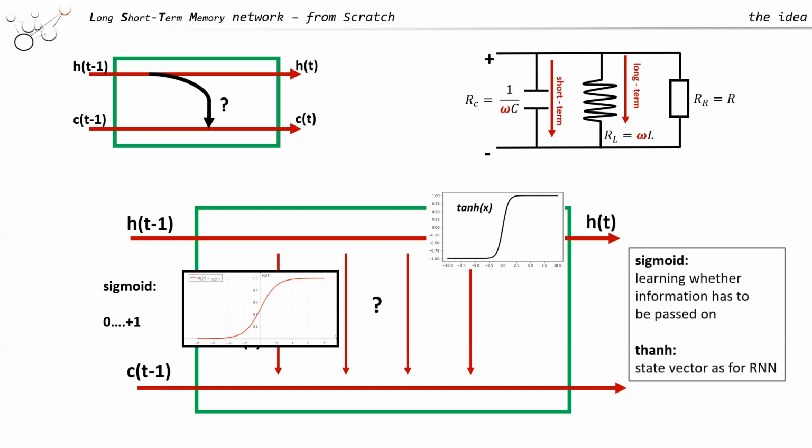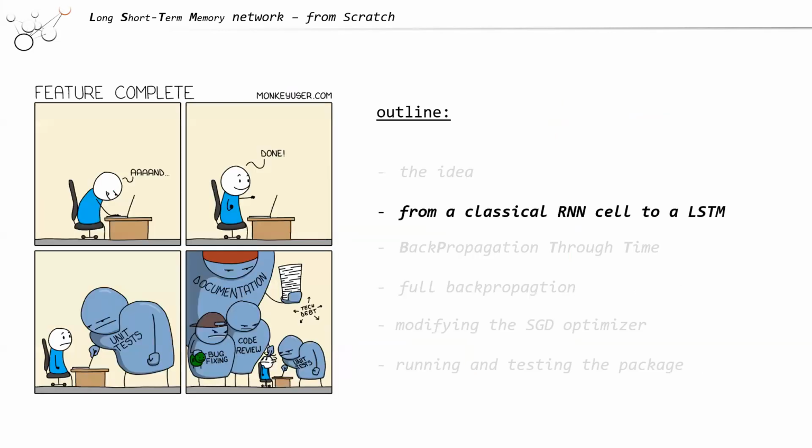And of course, we have to add learnables, so that the network learns which information has to be passed on, which is important and which is not. I will explain the details in the next chapter, where we will see how to turn our RNN cell into an LSTM based on the idea I just explained.